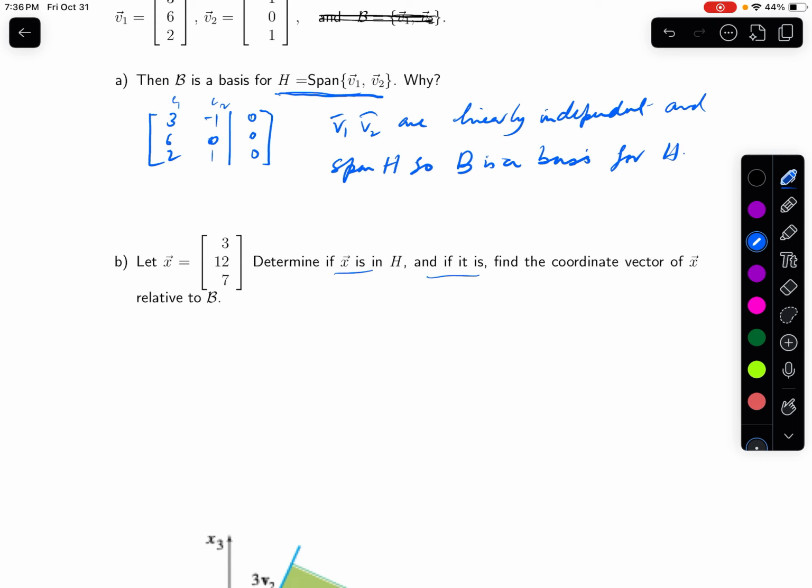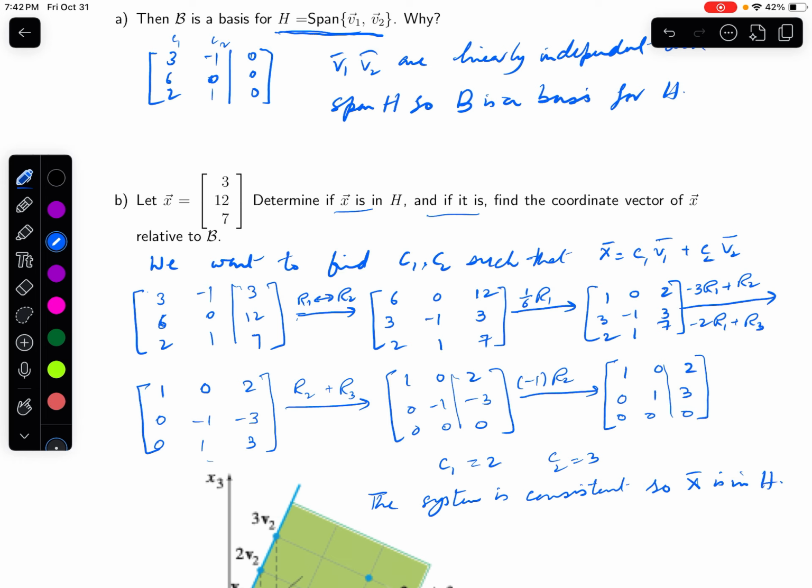So X is in H. Okay. And now also we can say the coordinate vector of X relative to the basis B is equal to 2, 3.